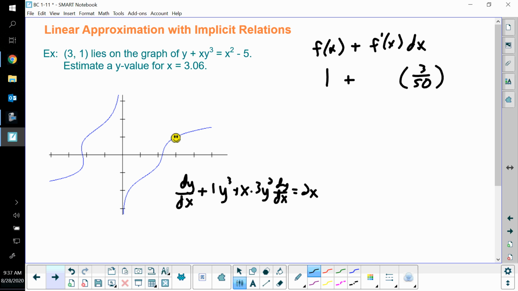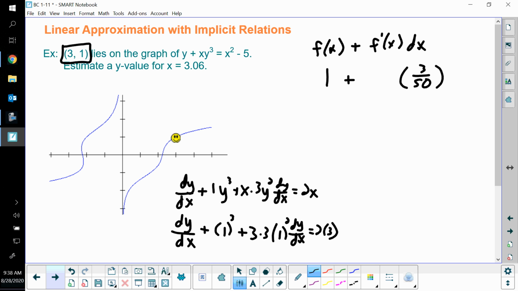So we want to find the value of dy over dx at this point. So let's go ahead and fill in for all the x's and y's. I think personally, when you know the point, it's easier to sub those in now than getting dy dx by itself and then rearranging. So we have 1 times y cubed, so we're going to have 1 times 1 cubed, plus our x value is 3 times 1 squared, dy over dx, equals 2 times 3.